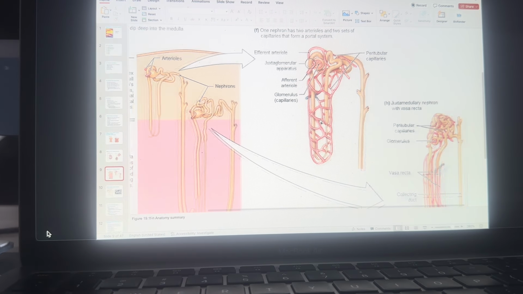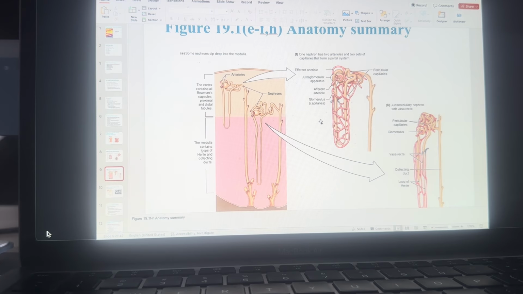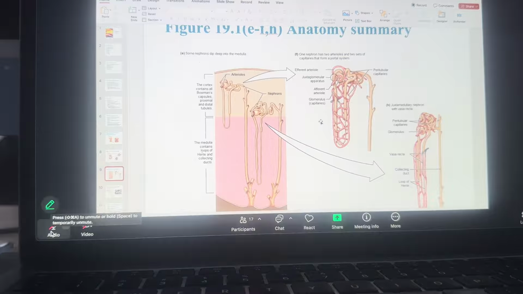body needs, right? And aside from just filtration, what does the kidney do to your body's homeostasis? What are two things it balances out in your body? pH. pH, yes. What else? Water? Water content, yes.